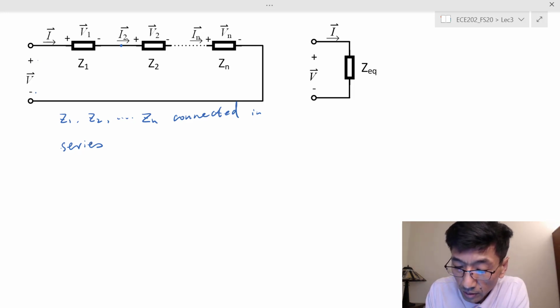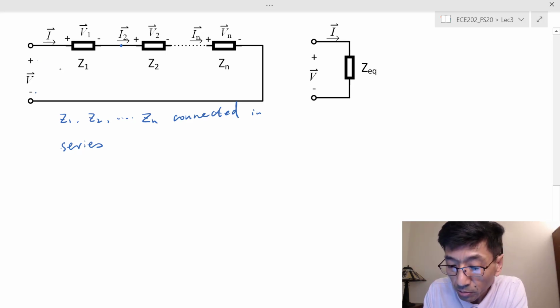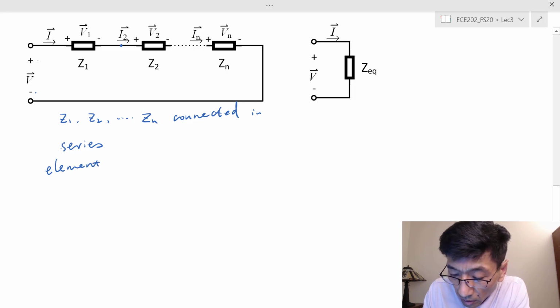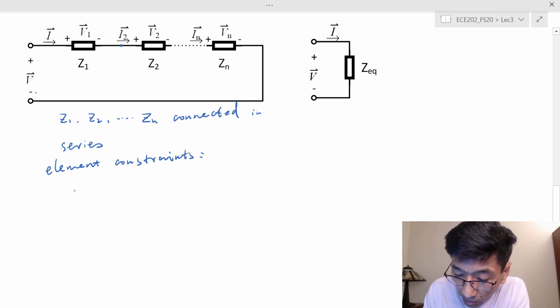First let's see what the VI characteristic is for this one, and we can write the element constraints for the figure on the left. V1 is equal to I times Z1.